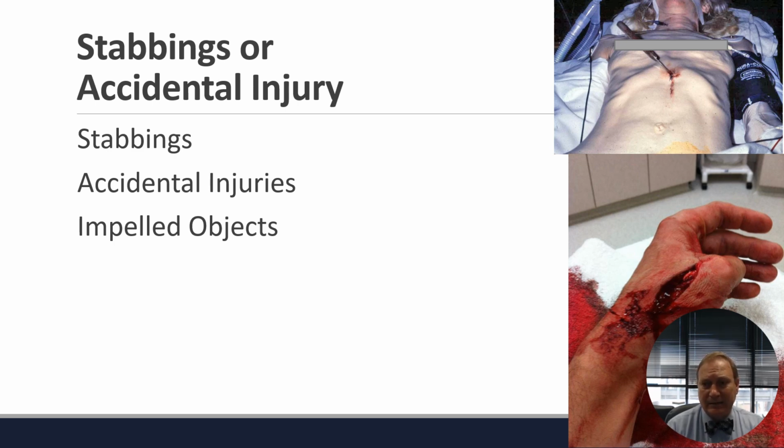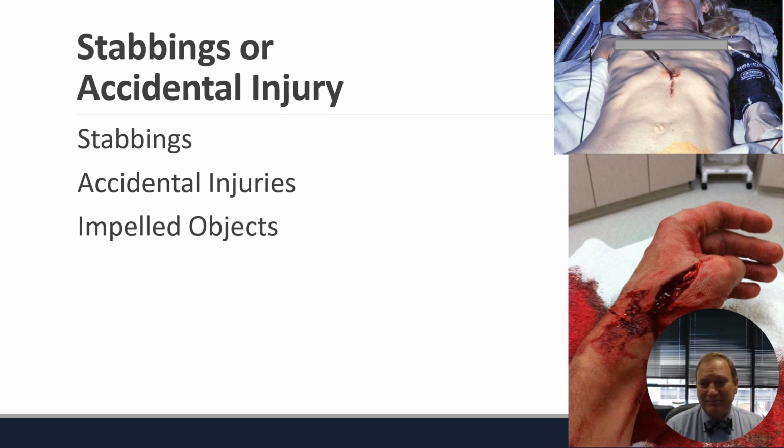And honestly, one of the most important things we can do if we get there and someone's still alive, again, from your standpoint, you want to protect yourself and you certainly want to protect your patient. But if that's not what you're trained to do, you need to, first of all, think about protecting yourself. But one of the most important things you can do in terms of helping take care of the patient is to not remove the weapon.